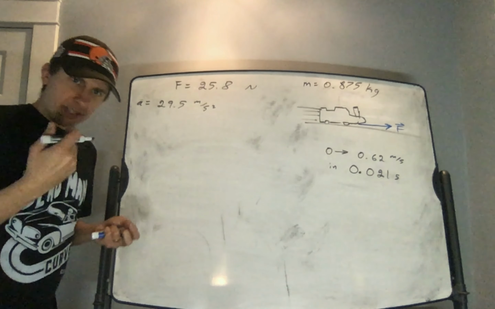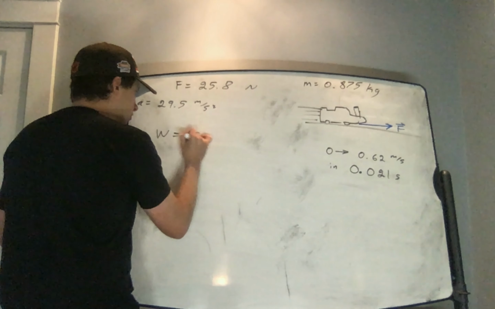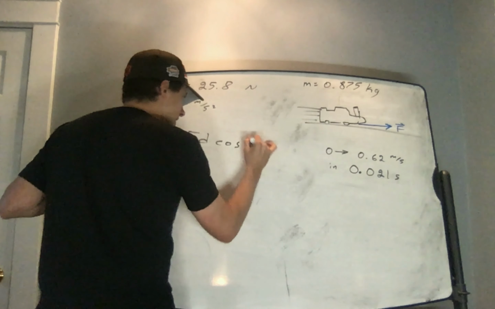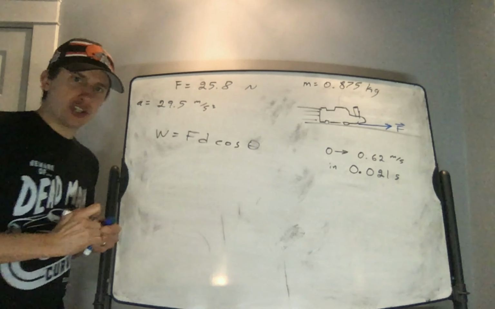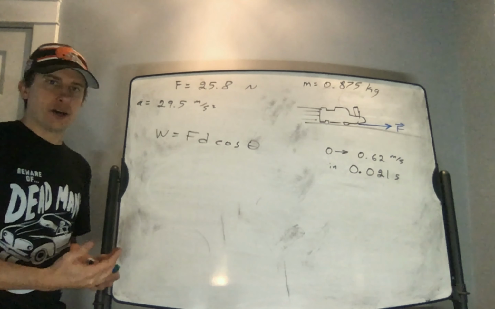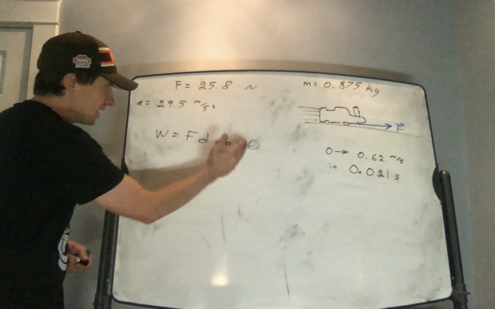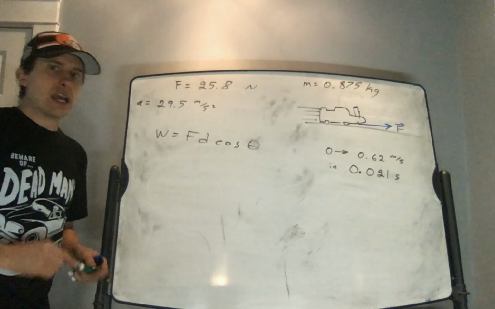So the work done on an object could be written as Fd cosine theta. In this equation, F is the strength of the force pushing the object, d is the displacement of the object, in other words, how far it moves, and theta is the angle between the force vector and the displacement vector.